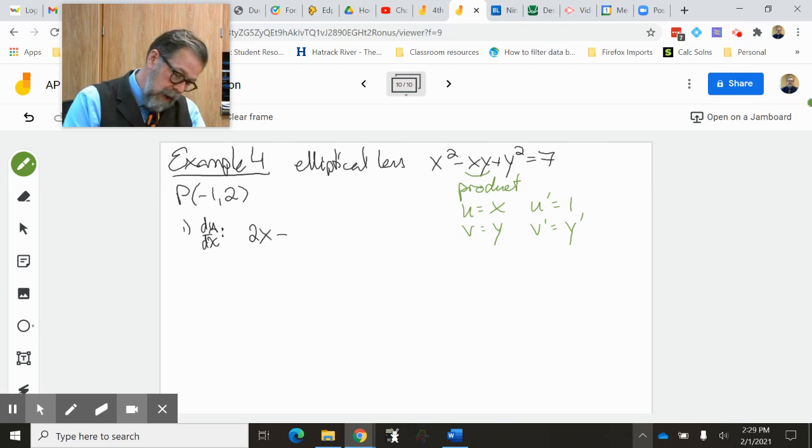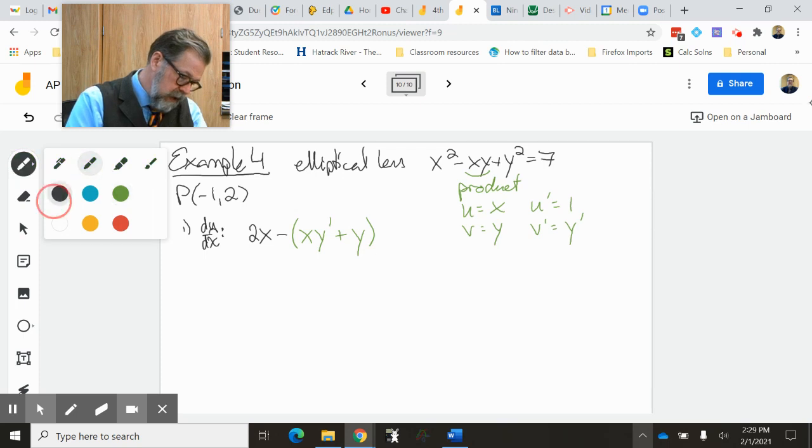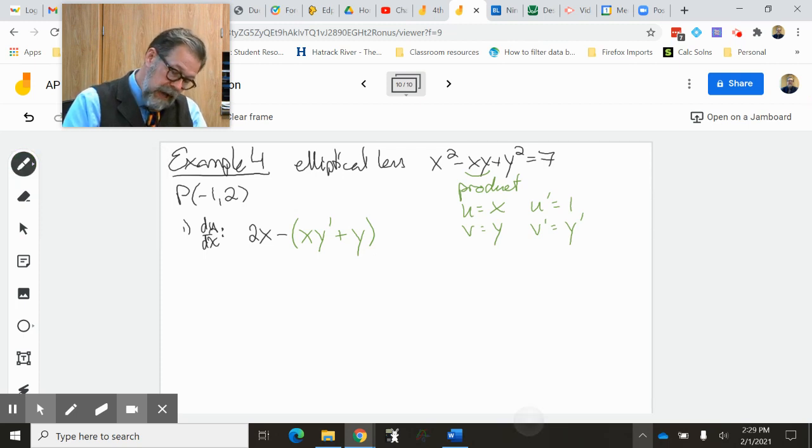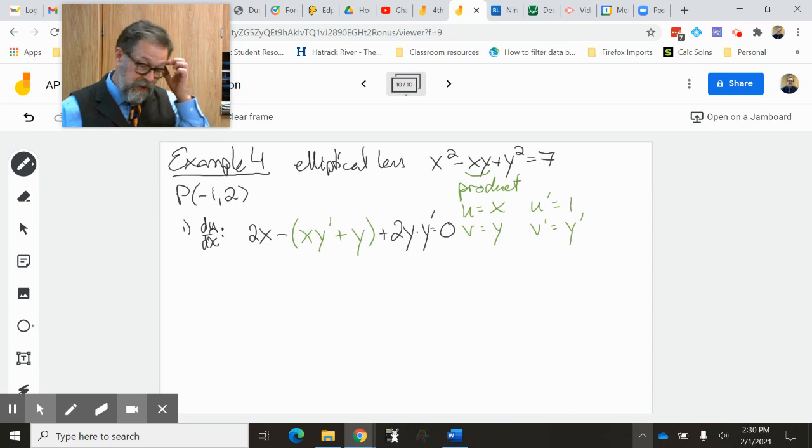And so coming back here, we've got minus u dv, xy prime, plus v du, which is just y. And I'll switch back to black. Plus the derivative of y squared is 2y times the derivative of y, and it equals the derivative of 7, which is 0.